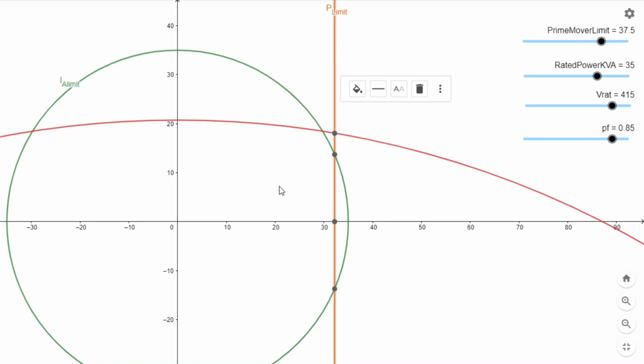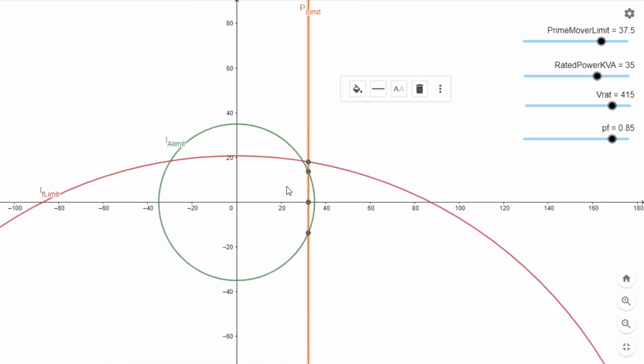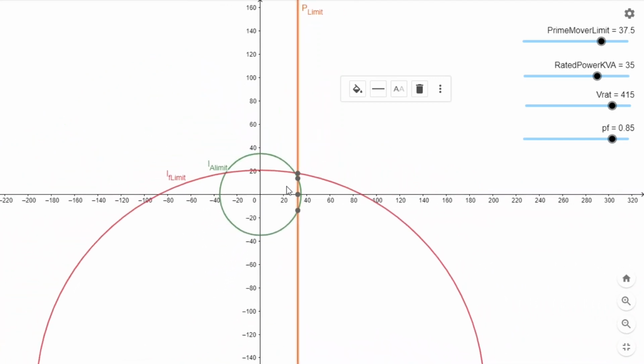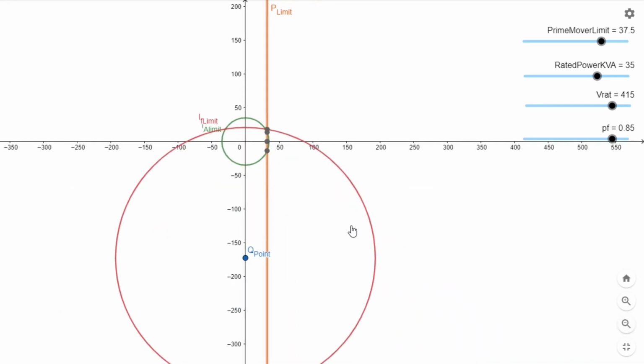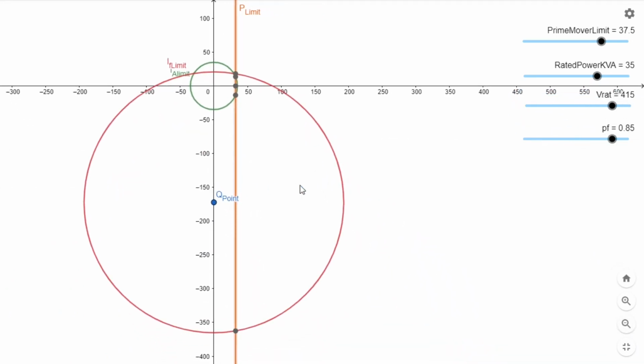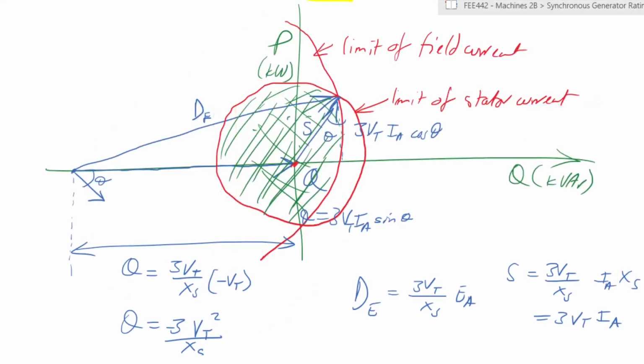So if we zoom out, we can then note that you have your angle as indicated here, or rather your dimensions indicated here. This Q point was the center of the phasor diagram that we had drawn previously. So if we go back to that diagram, it represents the center of the phasor diagram that we had.